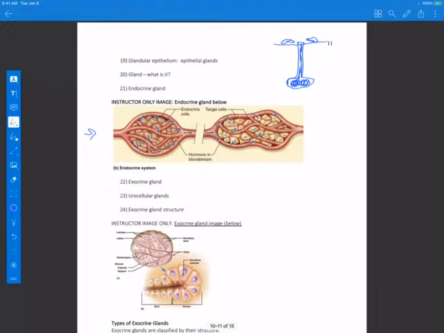An example of an organ that has both exocrine and endocrine function: if you think about the pancreas, it is primarily an exocrine gland when it functions for the digestive system because it produces digestive enzymes that are secreted through a duct into the small intestine as digestive juices, and it helps chemically break down the food that you eat.